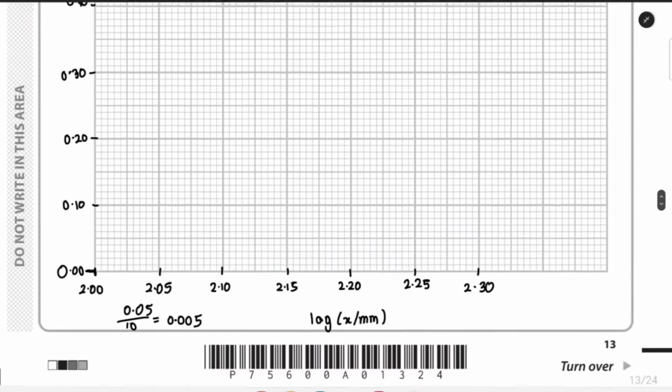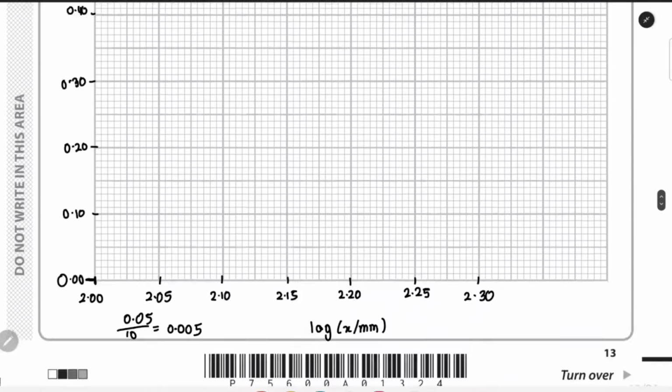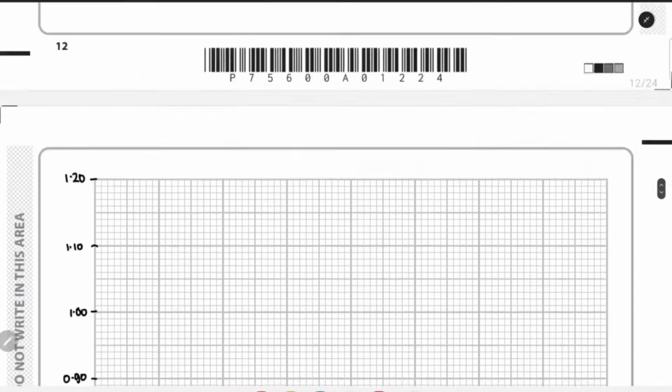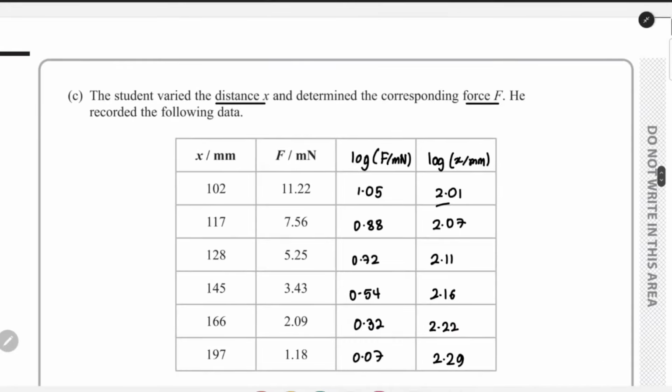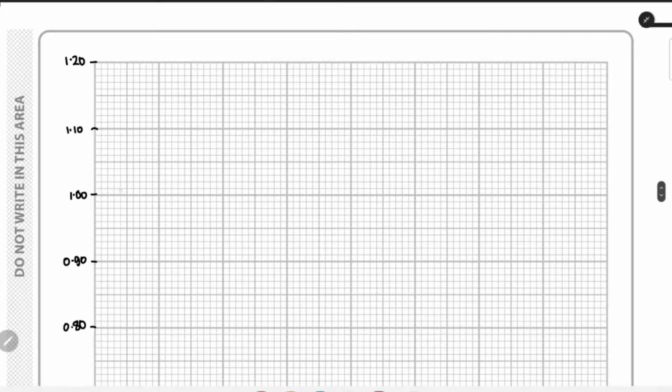We need to go 2 of these boxes, so this is 2.01. 2.01 comma 1.05, so 1 in between 1 and 1.1. This is where we have our first value.